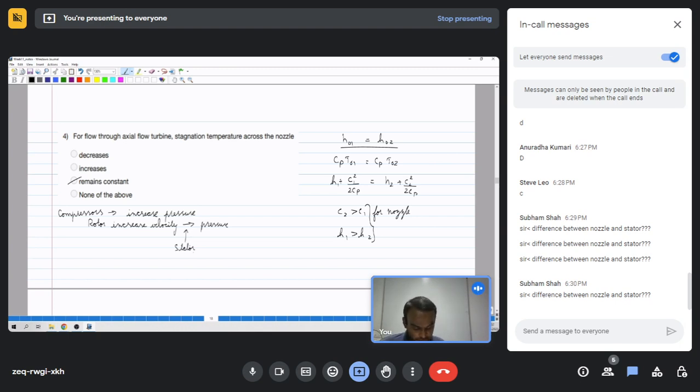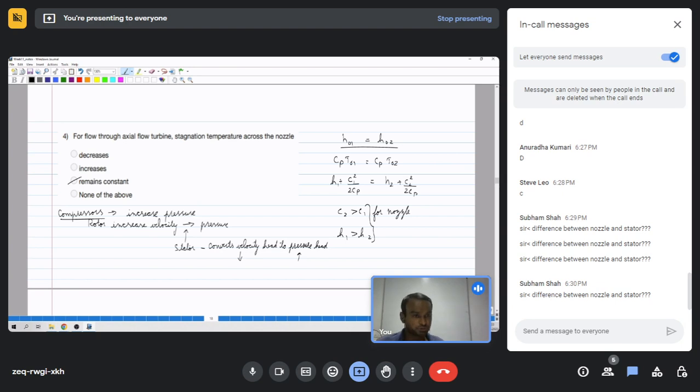So in stator, the velocity head is converted to pressure head. Okay, so across the stator you will see the velocity will drop, and pressure will go ahead, because that is what is needed for a compressor.